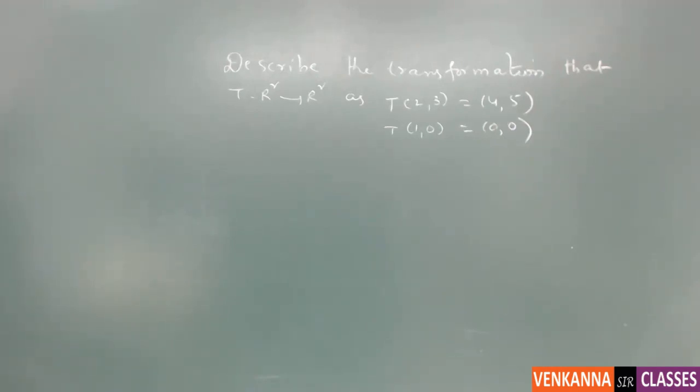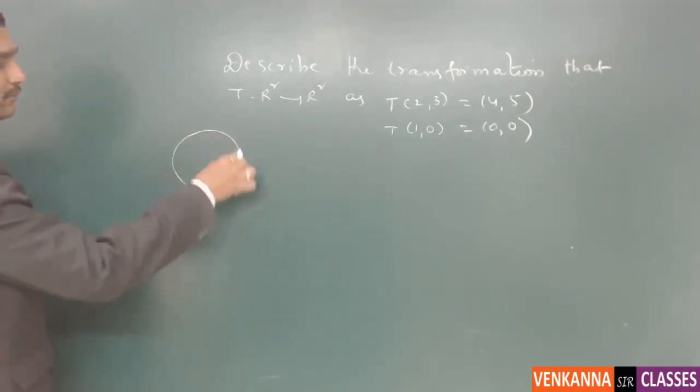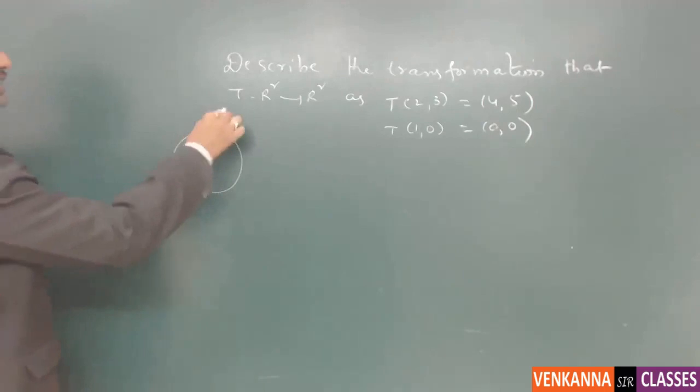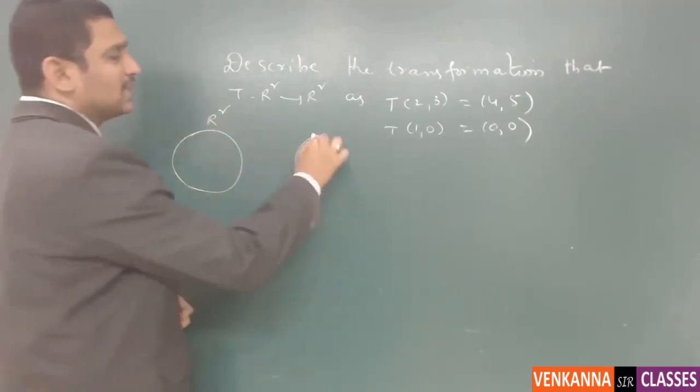Clear? So for every problem, whenever a transformation is given, you are going to describe explicitly the transformation. In other words, suppose I have two vector spaces here. One is R square, the other one is also R square.